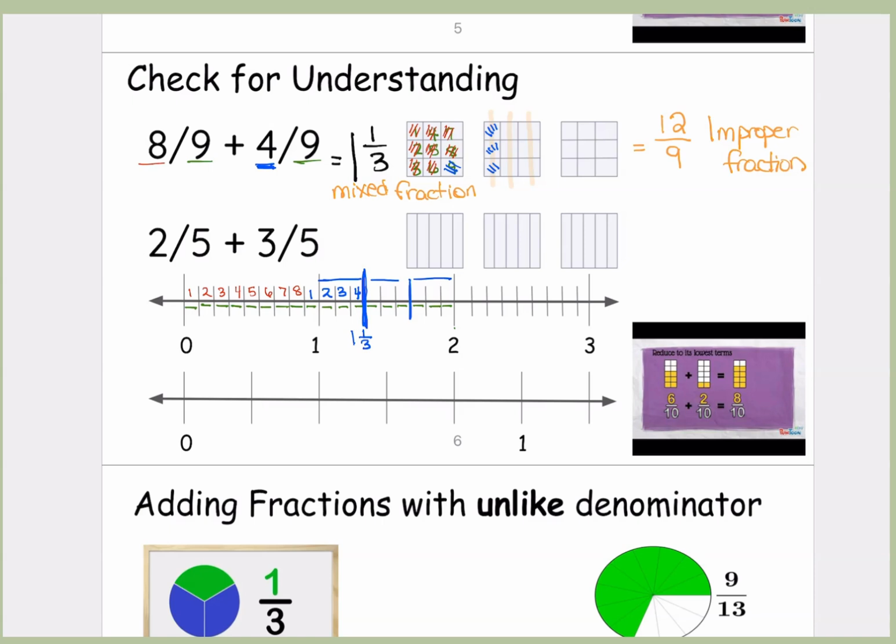All right, you are more than welcome to hit pause on the video and try the second problem for yourself. If not, let's continue. How many parts should we have here according to the denominator? That answer is 5. And we can see here we have 1, 2, 3, 4, 5 parts in each of the sections.